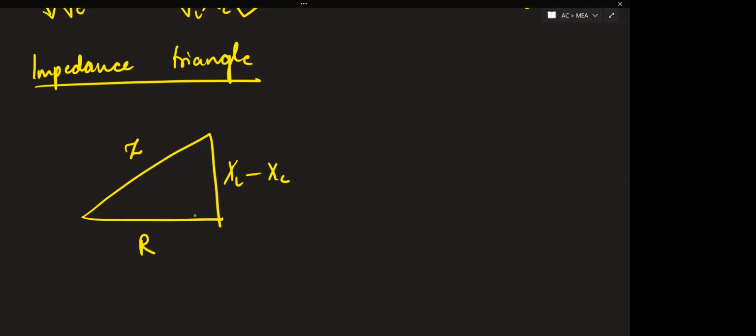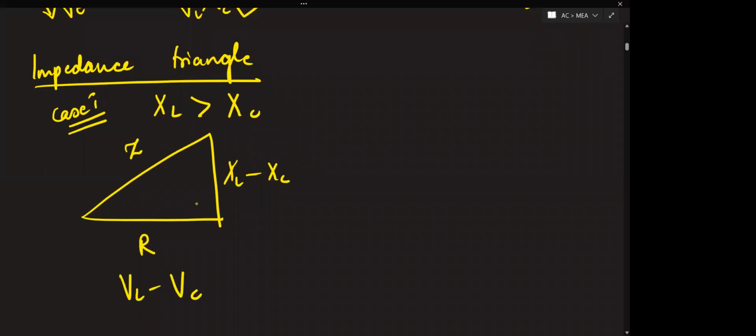Let's do one case at least. Let's do it case wise. Case one means XL is greater than XC. So here if your XL is greater than XC, this means what? XL minus XC will be considered, VL minus VC will be considered, all these things will be considered.